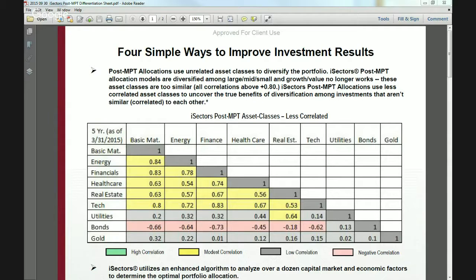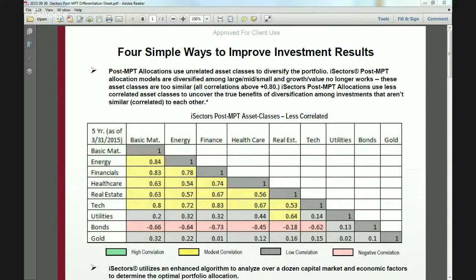So back in 2004, when we developed these models, we did extensive correlation analysis, and we took the same universe of stocks and bonds that are represented by your domestic cap style weighted asset classes, and we identified 9 asset classes that you can see here on the chart. These asset classes were chosen because they had the lowest correlation to each other, and thus the allocation is able to uncover the full benefits of true diversification.